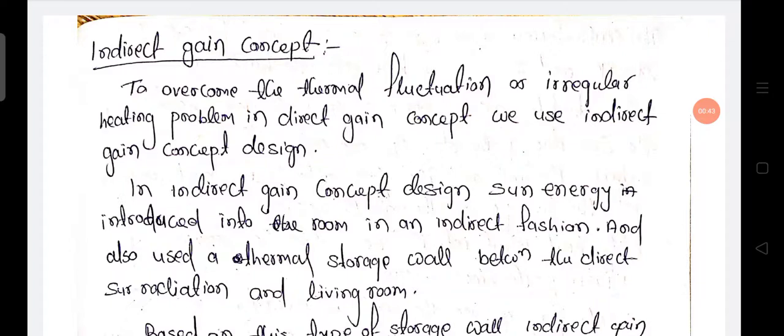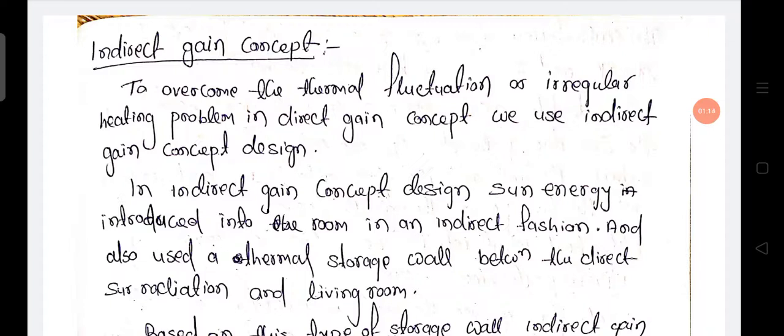But in the indirect gain concept, as the name suggests, the sun rays heat our room indirectly; the sun radiation does not fall directly inside our living room.